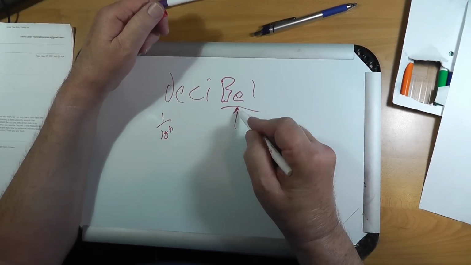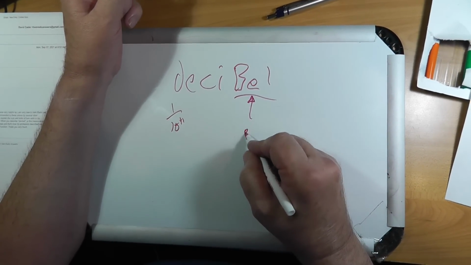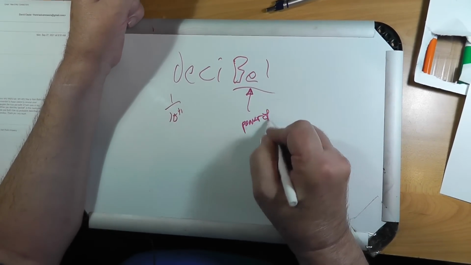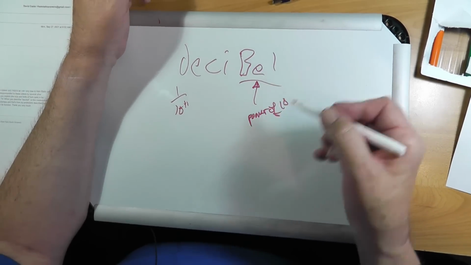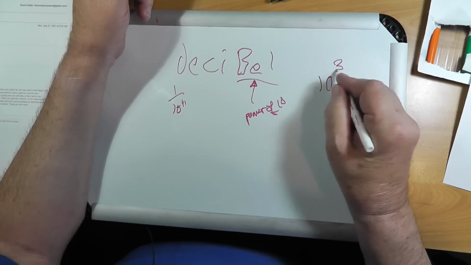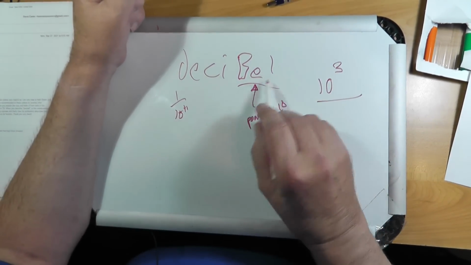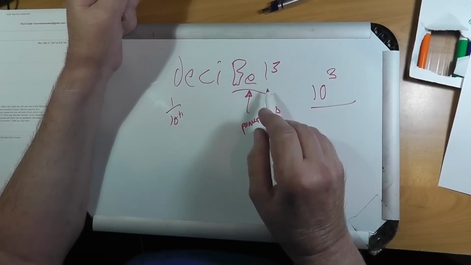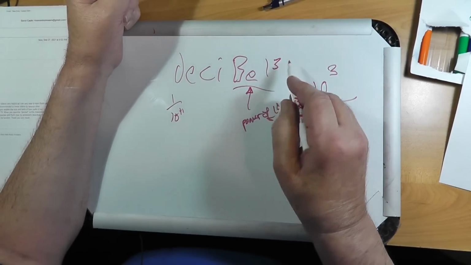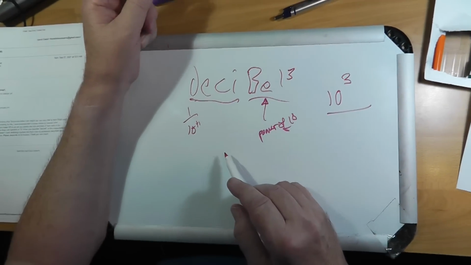A bell is a power of 10, some power of 10, for example 10 to the 3. If it's 1,000 times, you've got 3 bells. But it's more convenient to work in decibels, or 1/10 of a bell.